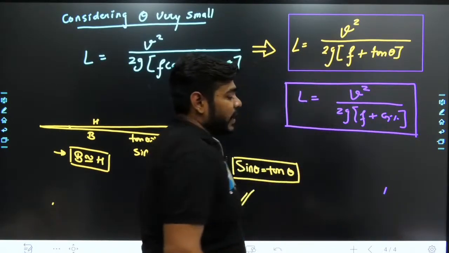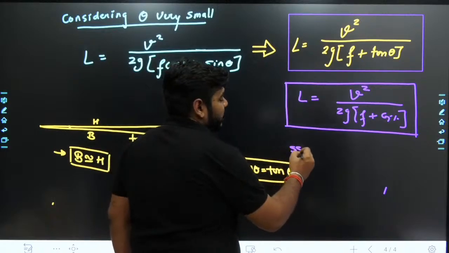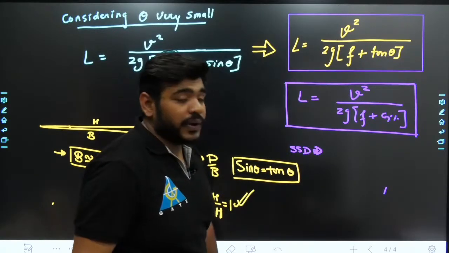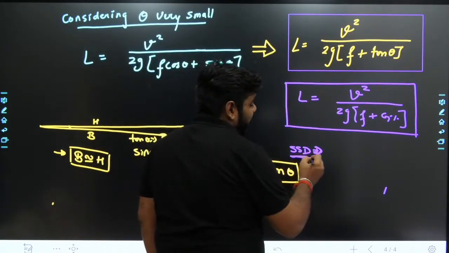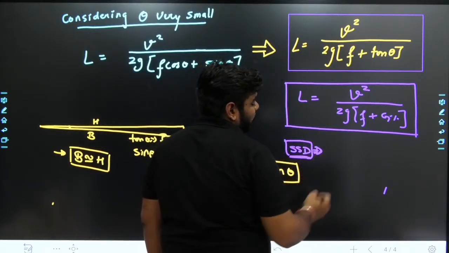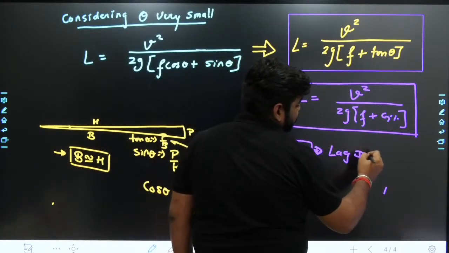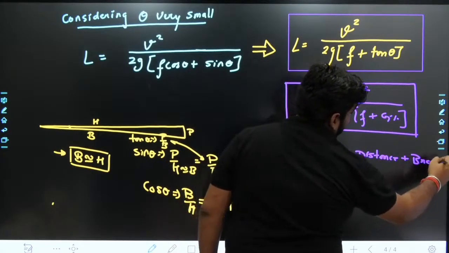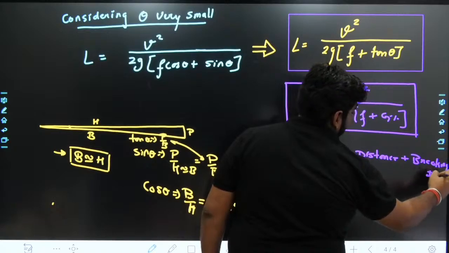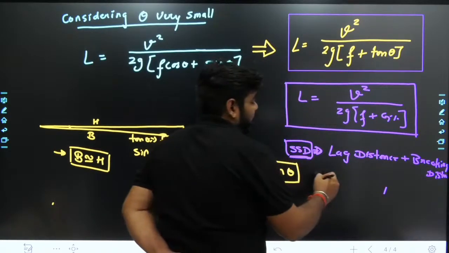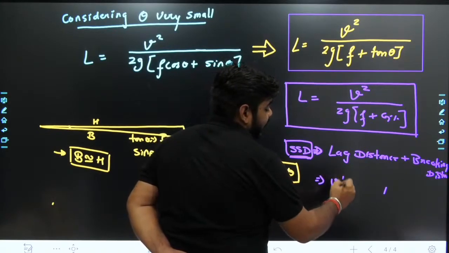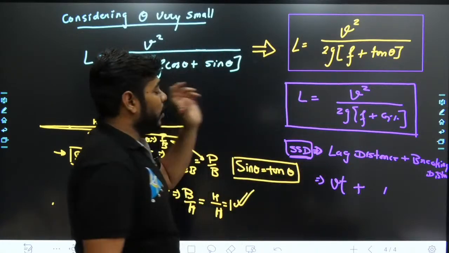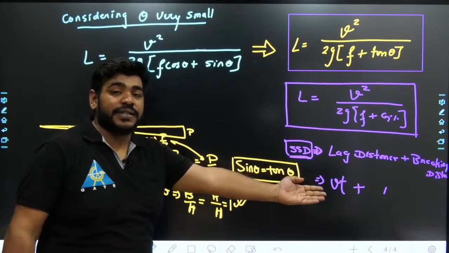Fine. If somebody asks you what will be the stopping sight distance for up gradient, you can say that the stopping sight distance for up gradient is equal to lag distance plus braking distance. The lag distance is equal to VT, because I already told you before that lag distance won't get changed because of gradient.